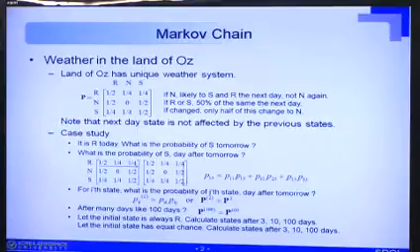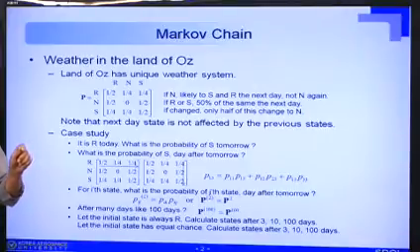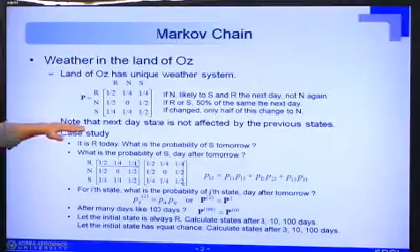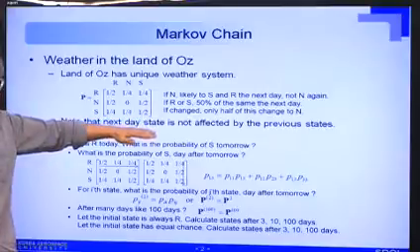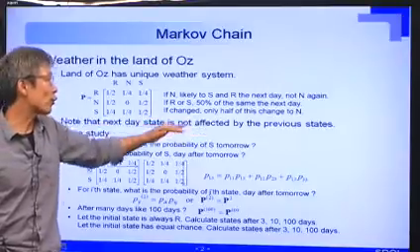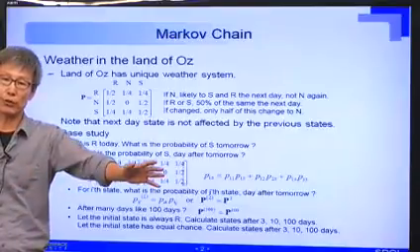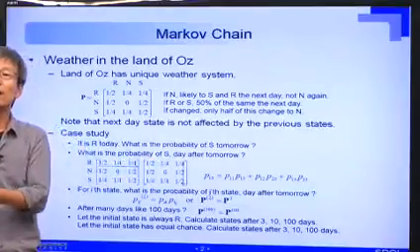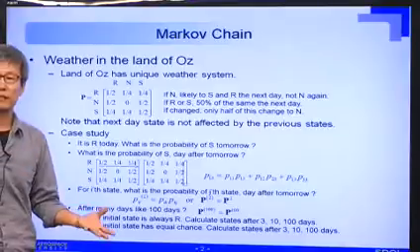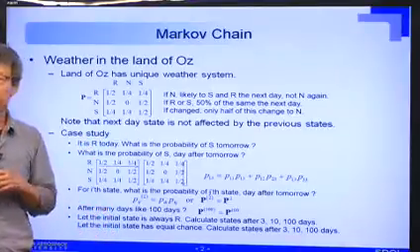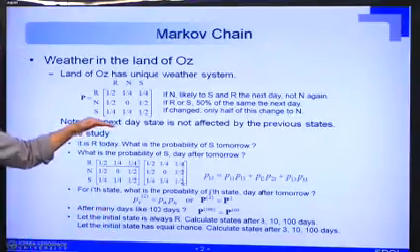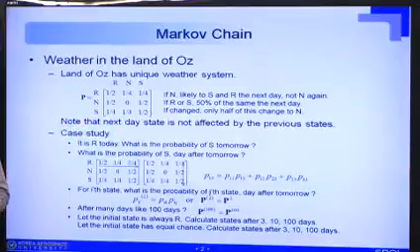And we make the history of weather states in a sequence. The next day's state is affected only by today's state, not by the previous history. Only from today we get the next day's state. This is a very important point in the Markov chain.